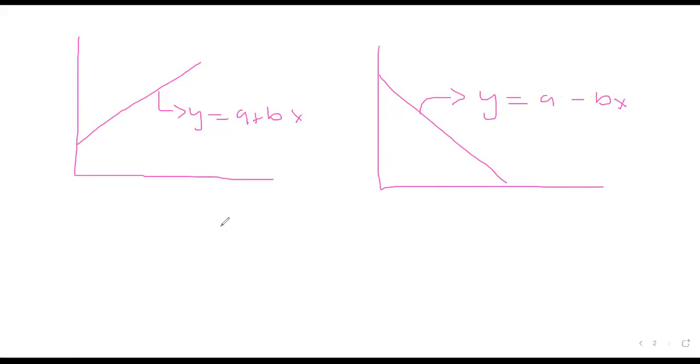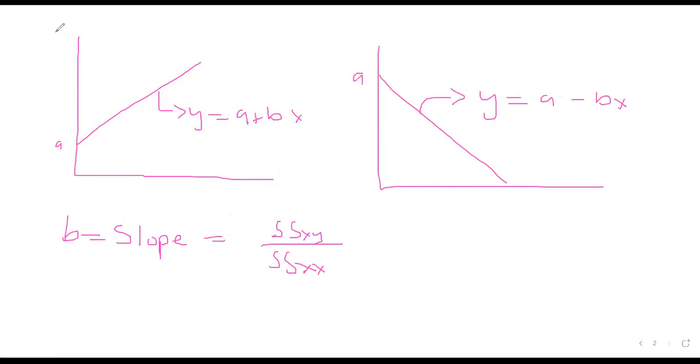So B stands for the slope or the gradient. It is simply given by Sxy over Sxx. A is called the y-intercept. An intercept is simply a cutting point.